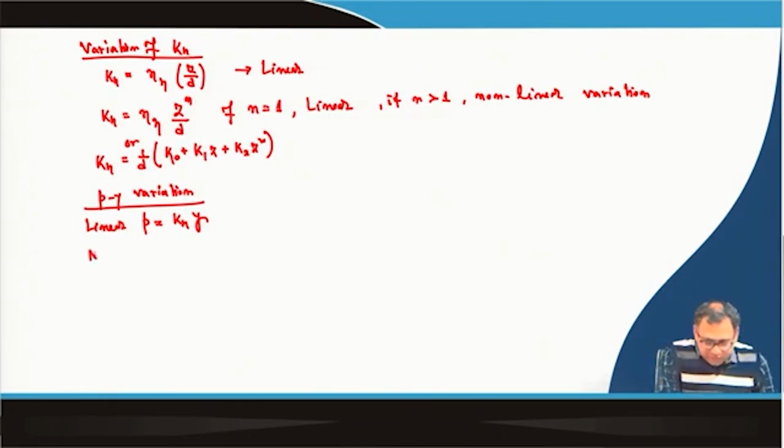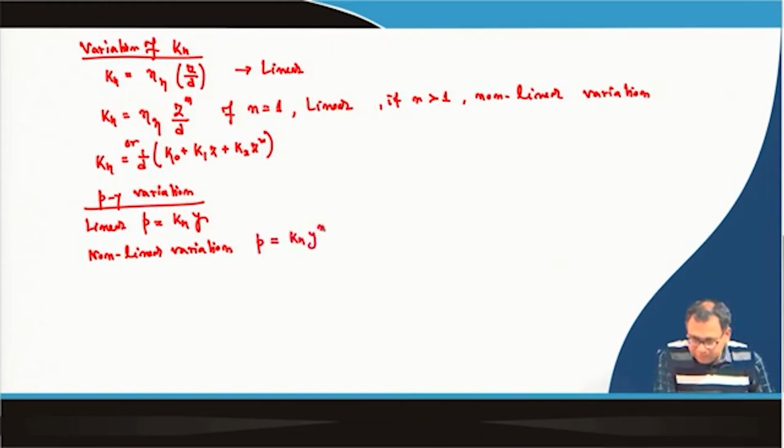Then the non-linear variation also, that means P is equal to kh y to the power n, or P is equal to k z to the power m y to the power n.